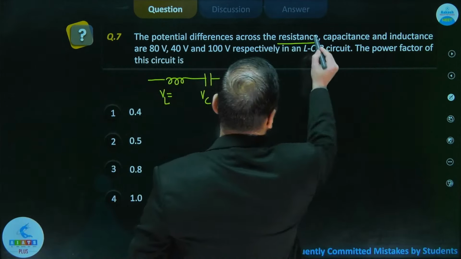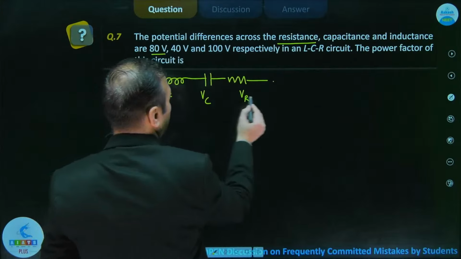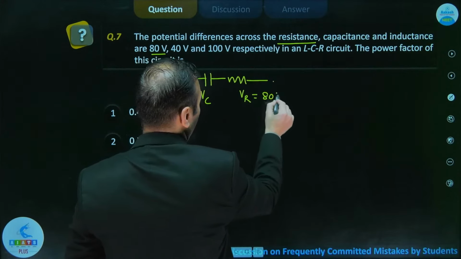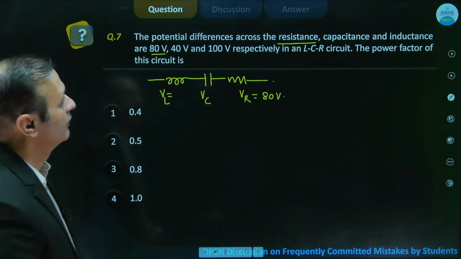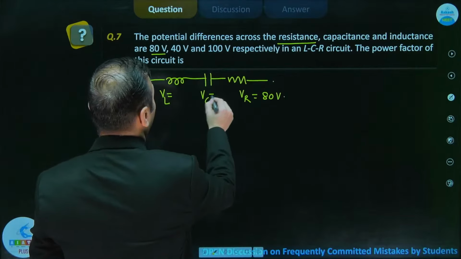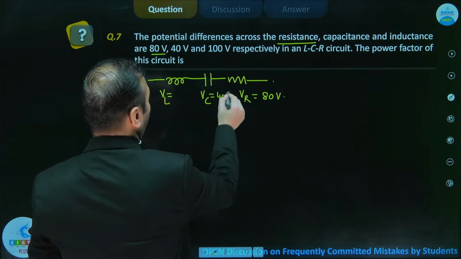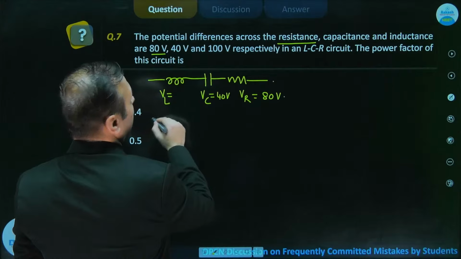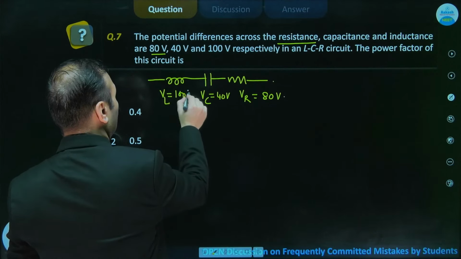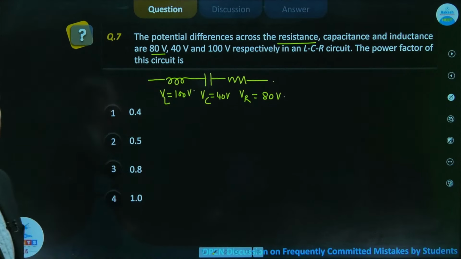For the resistance part, it is 80, fine. For the capacitance part, it is 40, and for the inductance part, it is 100.